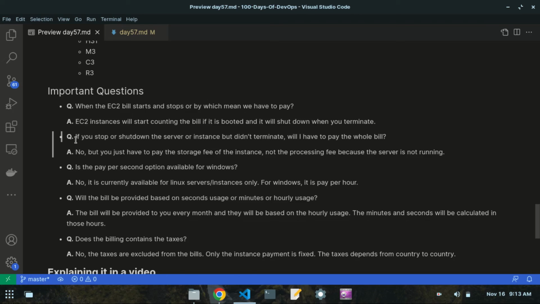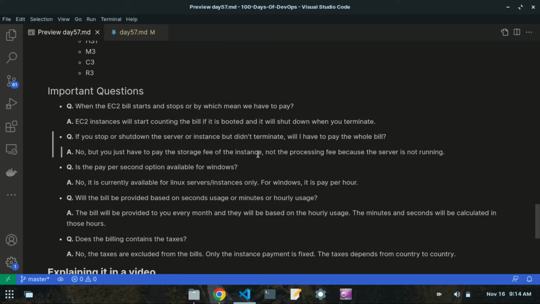Now another question is: if you stop or shut down the server or instance but don't terminate it, will I have to pay the whole bill again? Basically, you have stopped the server but you didn't terminate it. Will that bill be charged or not? No, you just have to pay the storage fee of the instance, alright?